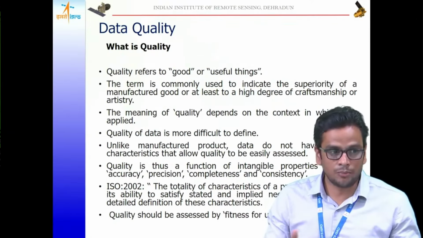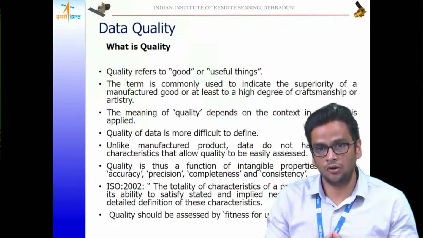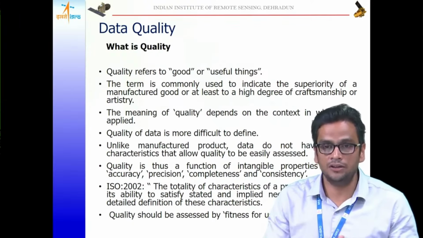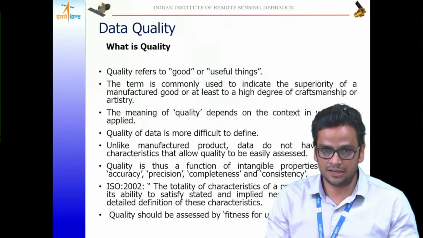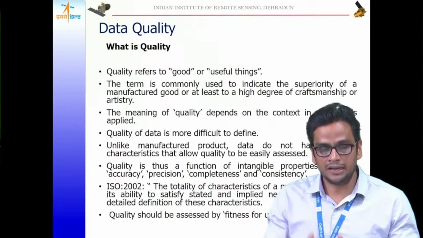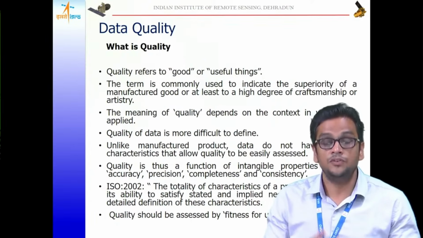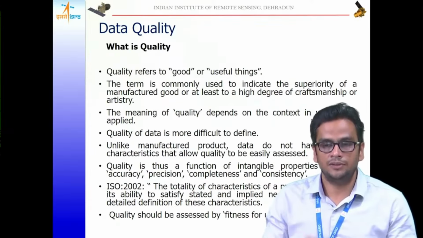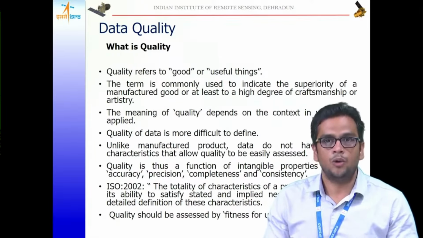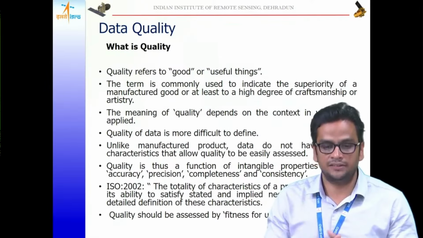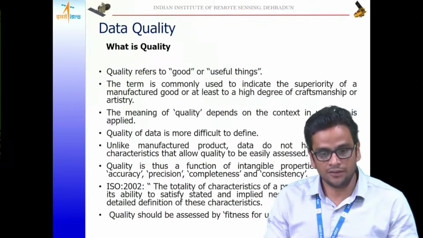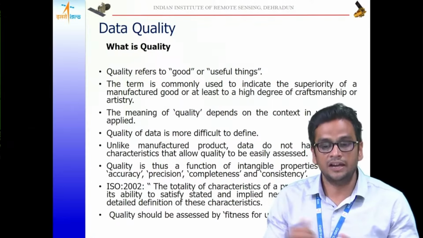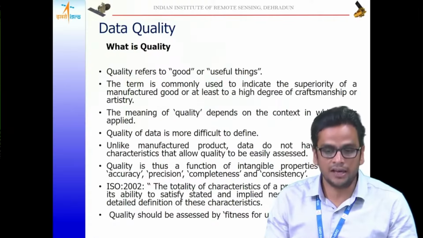Here, by seeing, it's difficult to recognize whether it is of good quality or not. So there are certain parameters, certain characteristics, certain modeling or mathematical aspects which we need to consider when we are going to assess the quality of this data set. So unlike a manufactured product, data do not have any physical characteristics that allow its quality to be easily assessed.